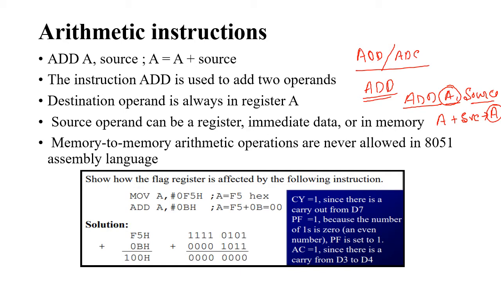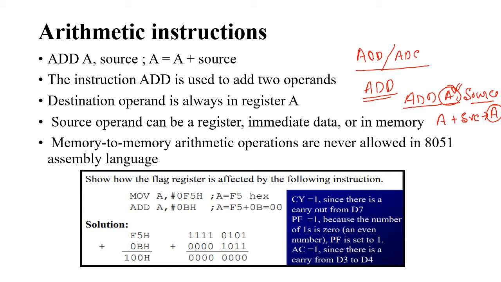Whenever we use the add instruction, if we want the content of the accumulator to be preserved for the next operations, then we need to make sure that the content present in the accumulator is stored before using the add instruction, else this original data of the accumulator will be lost.